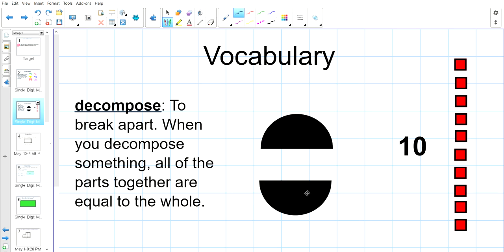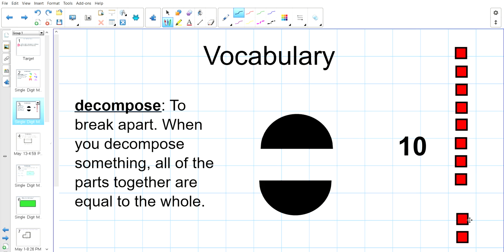We can also decompose numbers. Look at the number 10. You can see I also have 10 red squares next to the number 10. There are many different ways we can decompose the number 10. One way I can decompose or break apart the number 10 is by splitting it into an 8 and a 2.